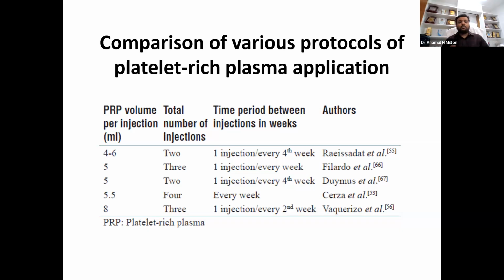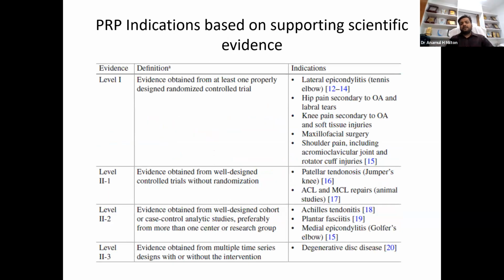Now, how much evidence is there when you are doing these things? Level 1, level 2, and level 3. Level 1 is lateral epicondylitis, that means tennis elbow, which we commonly find in our regular chamber, regular OPD. There is very good effectiveness of PRP.